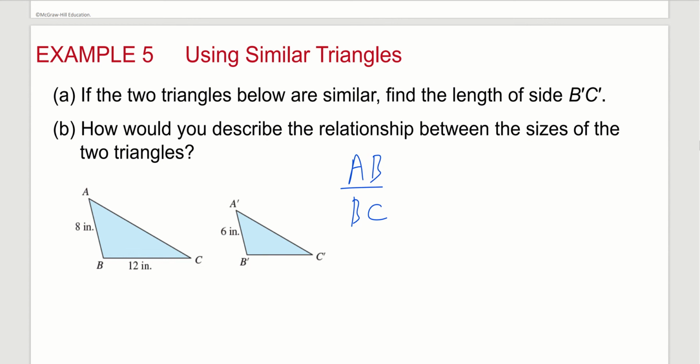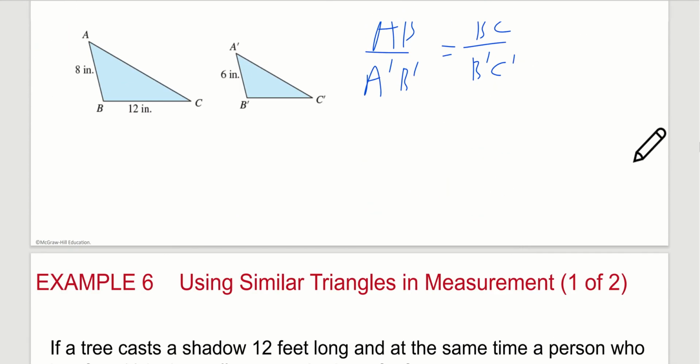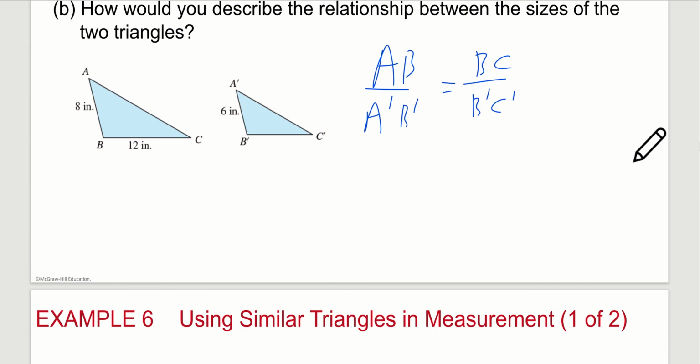If that's the same ratio, so the ratio here of AB to A prime B prime should be the same as the ratio of BC to B prime C prime. We know AB is 8. We know A prime B prime is 6. We know BC is 12. And we don't know B prime C prime, so let's call that X.